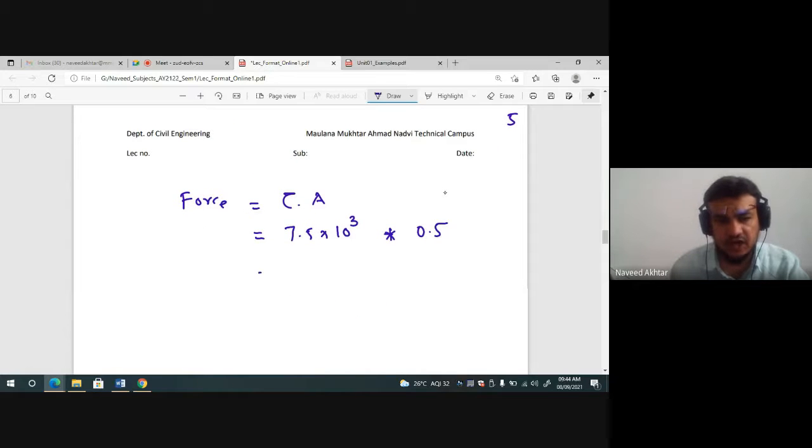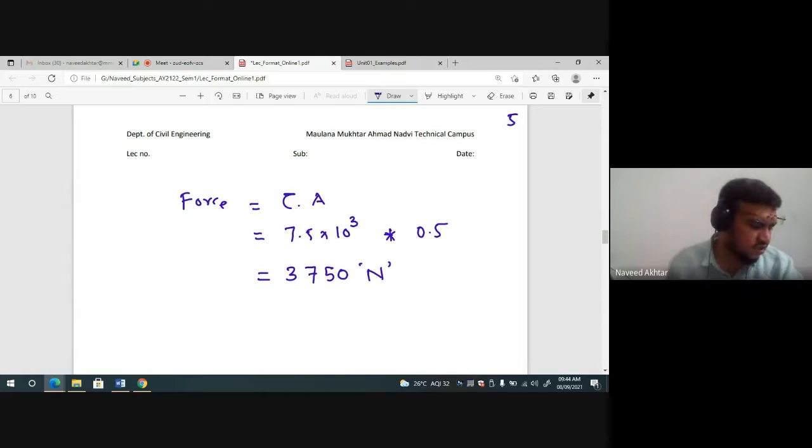To multiply by 0.5 or divide by 2, the force will be 3750 Newton.